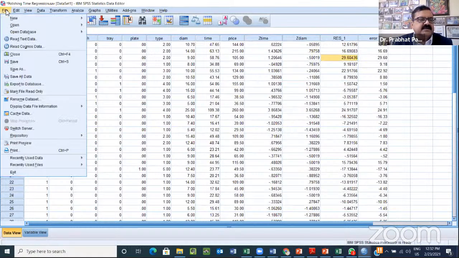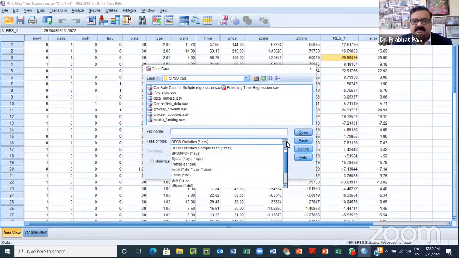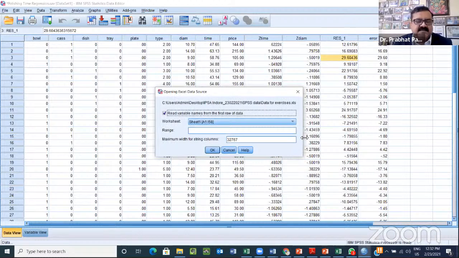So I'm going to obtain a separate set of data to work with, and this time I'm going to take data from the Excel sheet. There is a lot of data in the Excel sheet, so I'm going to import it. I go to the data for exercise file, and it asks what data would you like to import from.